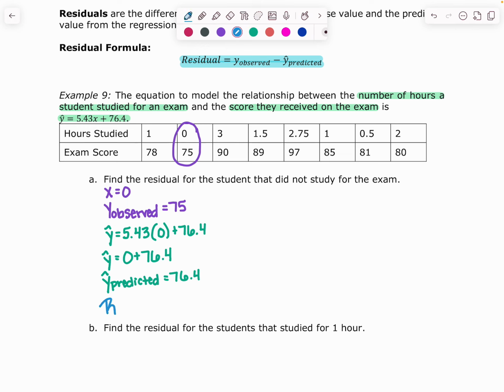And then the residual is the difference between what I observed, which was a 75, and what was predicted, which is a 76.4. And that is negative 1.4, I think. I'm going to double check because it might be a 6. Nope, it's negative 1.4. I was right.